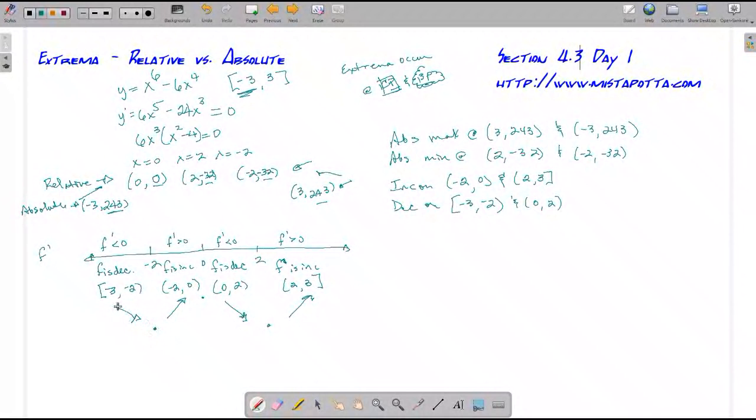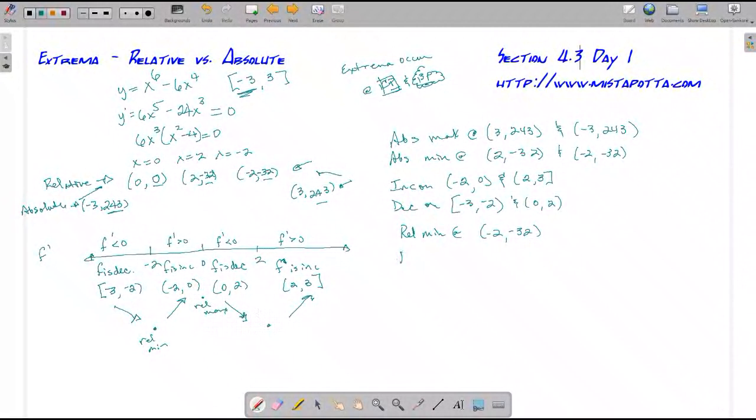Because I'm going from decreasing to increasing, this has to be a relative minimum. So I have relative minimums at the point -2, -32. I'm going from increasing to decreasing, so this is a relative maximum.